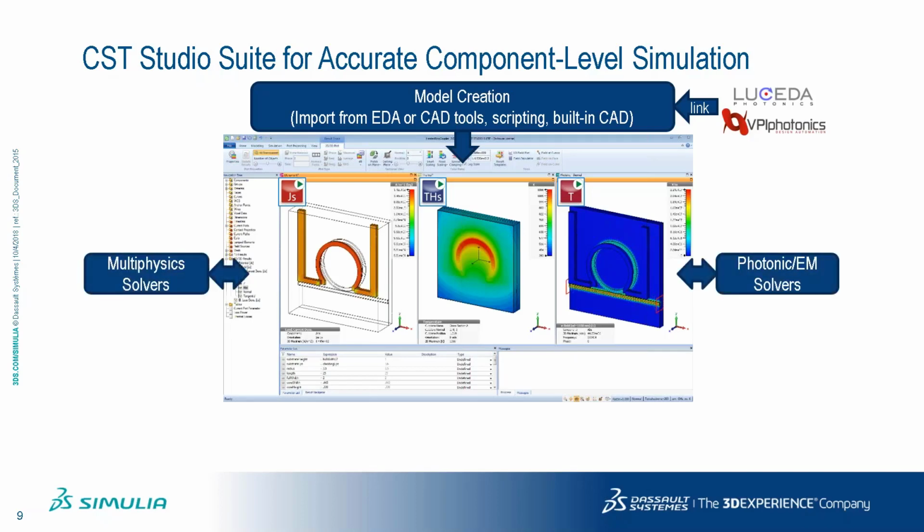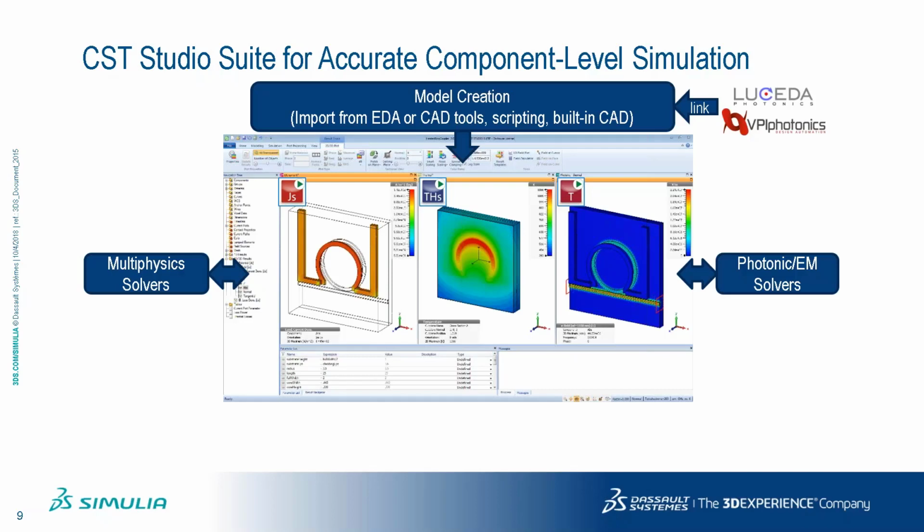Then in the CST Studio Suite, you can apply different solvers. In this example, you see on the very left a stationary current solver with current flowing through the heating coil. In the center, you see a temperature change. And on the right, you see the corresponding photonic result that takes the temperature change into account.